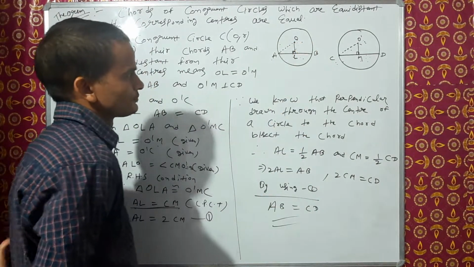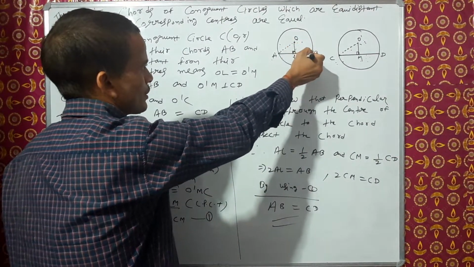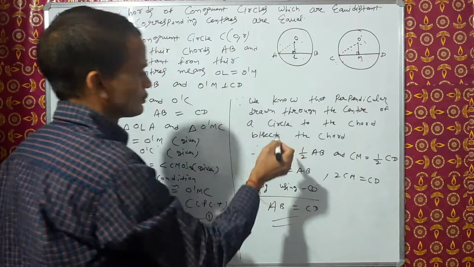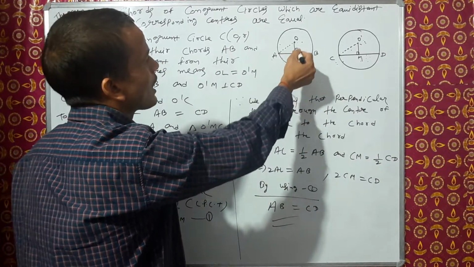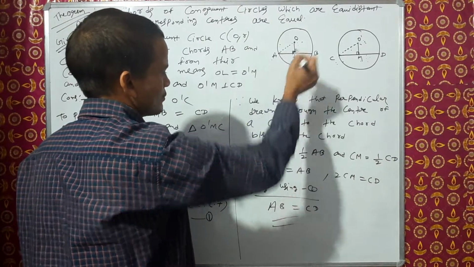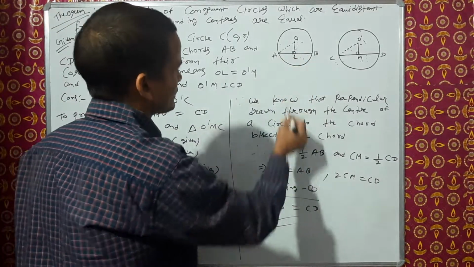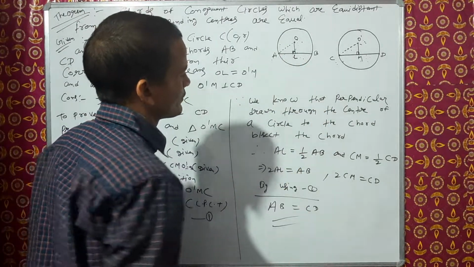So here OL is the perpendicular from the center to the chord AB. So OL bisects the chord AB, meaning AL is equal to LB, and we write that AL is half of AB.